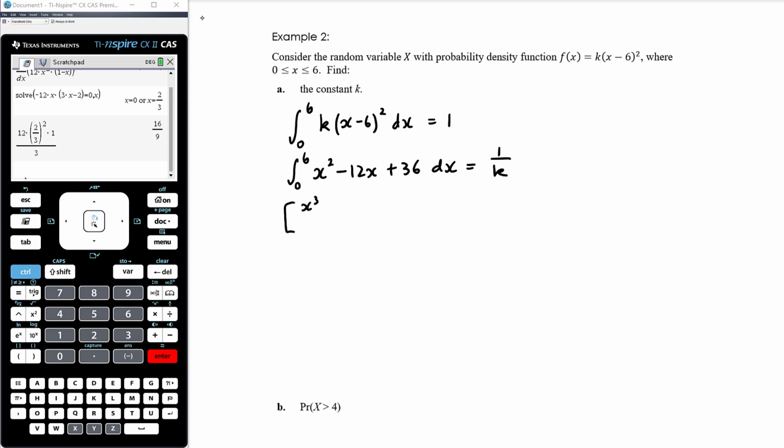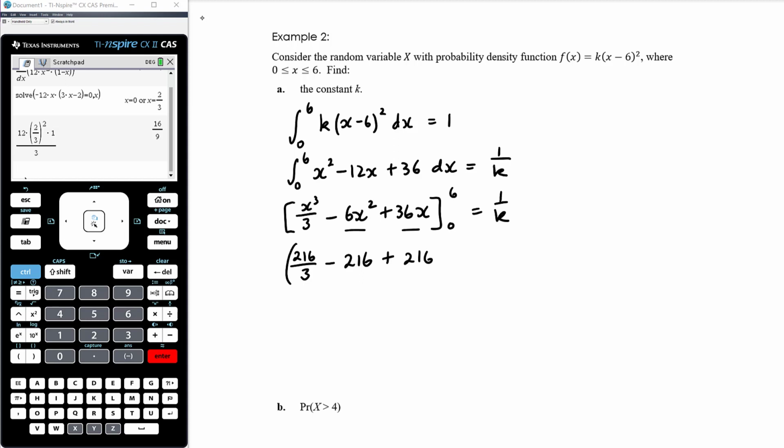The antiderivative is x cubed on 3 minus 12x squared on 2, so 6x squared, plus 36x. We're doing that from 0 to 6, and that equals 1 on k. 6 cubed is 216, minus 6 squared is 36 times 6 is 216, plus 36 times 6 is 216.